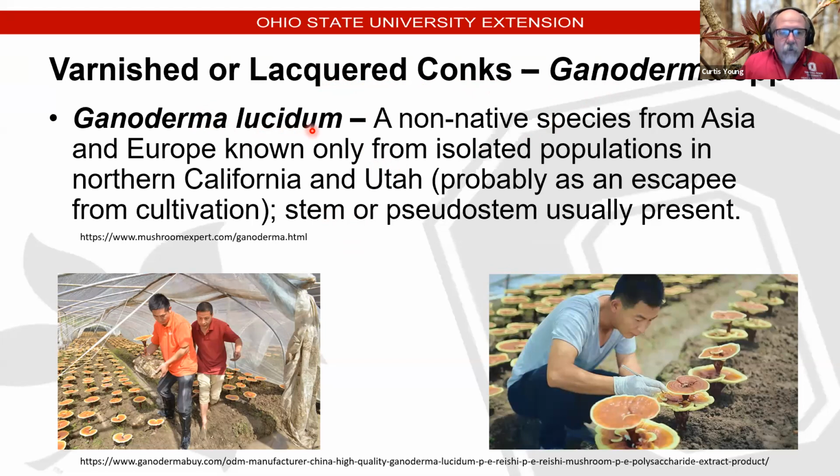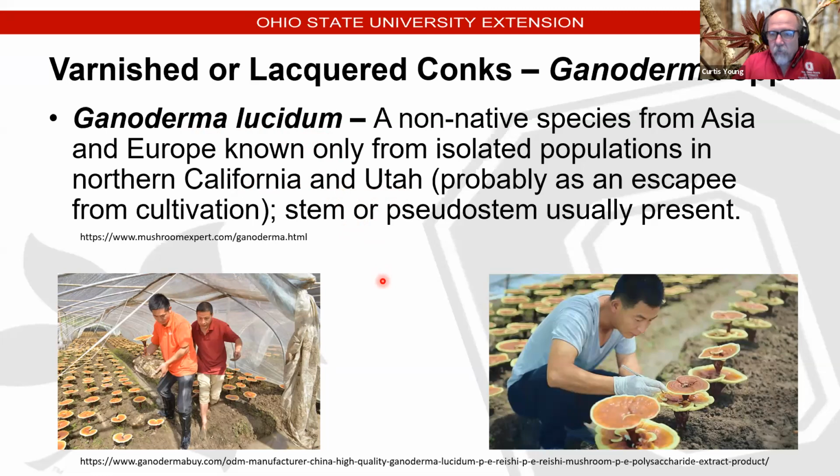Ganoderma lucidum was mistakenly used as a genus species name here in the United States. However, with some recent genetic studies, it has been determined that we have next to no Ganoderma lucidum here in the United States. There are only a couple of isolated populations in California and Utah, and they probably are escapees from cultivation.